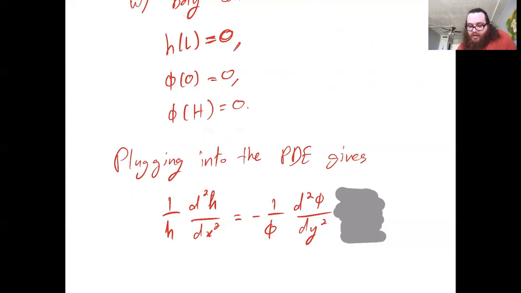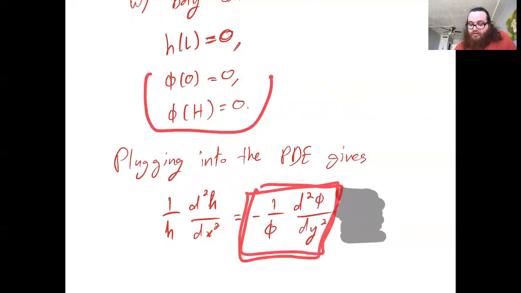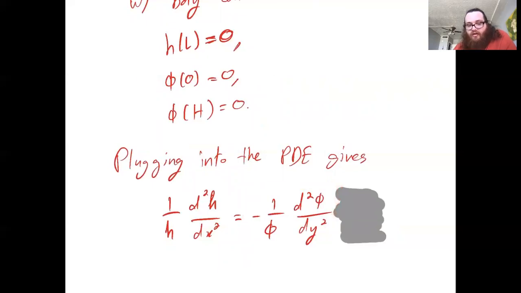Okay. And so we've worked plenty with this piece right here and these boundary conditions. Together, these force the form of the solution phi to be a sine function, as well as forcing lambda to be n pi over L, or in this case, n pi over h, quantity squared.